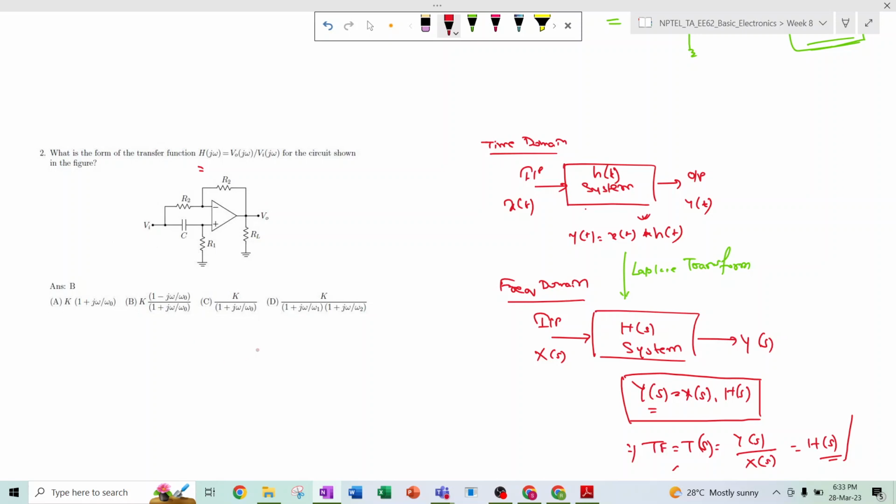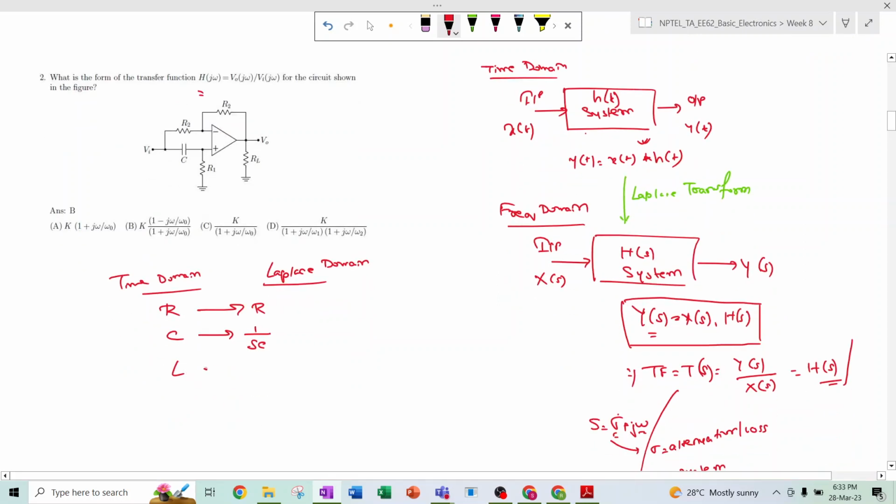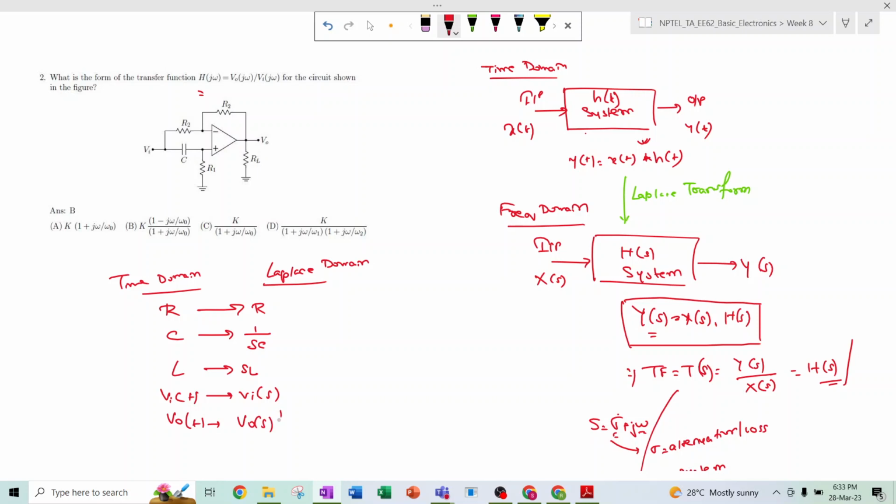We know that a resistor R in the time domain is also R in the Laplace domain. A capacitor C becomes 1/(sC) in the Laplace domain, and an inductor L becomes sL. Similarly, the input v_i(t) becomes V_I(s) in the Laplace domain, and v_o(t) becomes V_O(s).